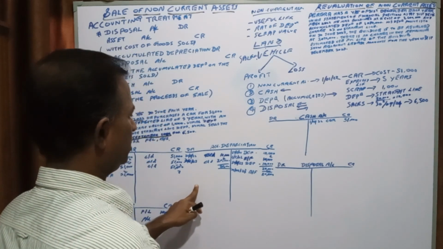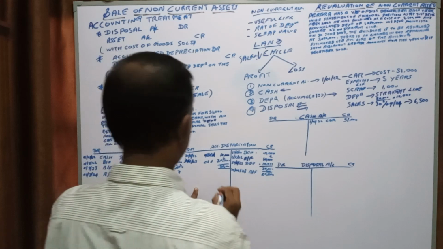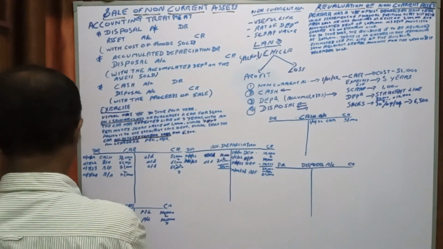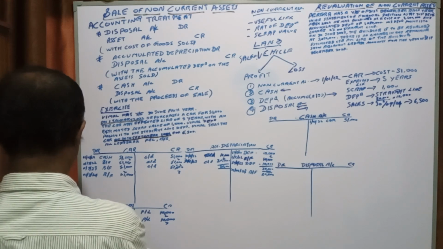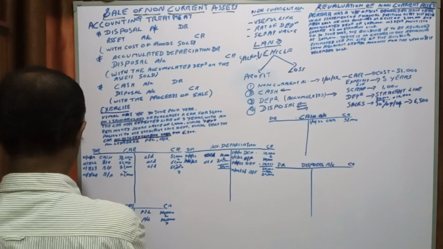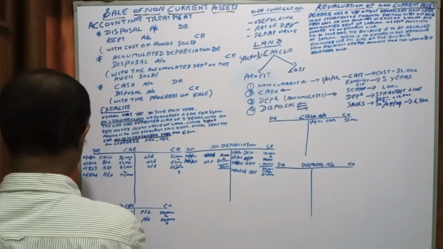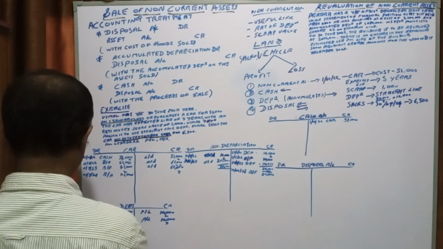On 1st July 2023, depreciation brought forward is 20,000. This is June 2023 to 2024.